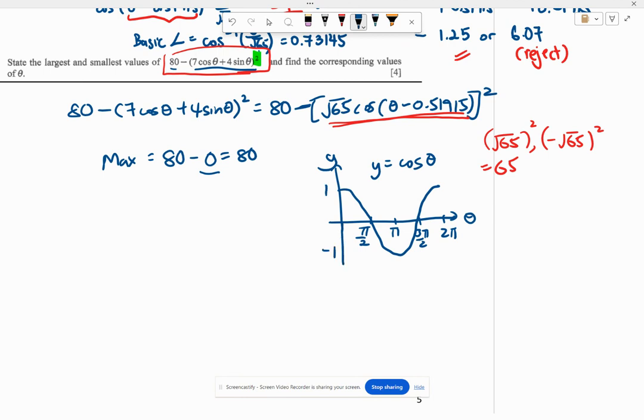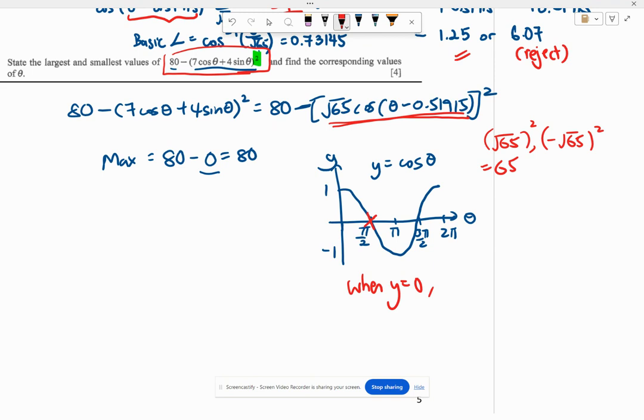From maximum value 1 to minus 1. So when y equals to 0, what is the value of theta? So over here, this is the point where y equals 0. I mark down here at the cross. Can you see that theta is equals to pi over 2?